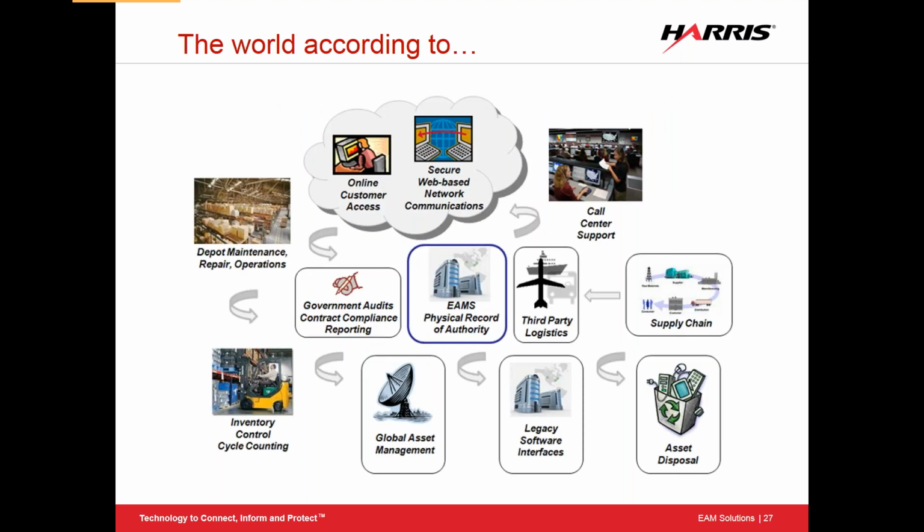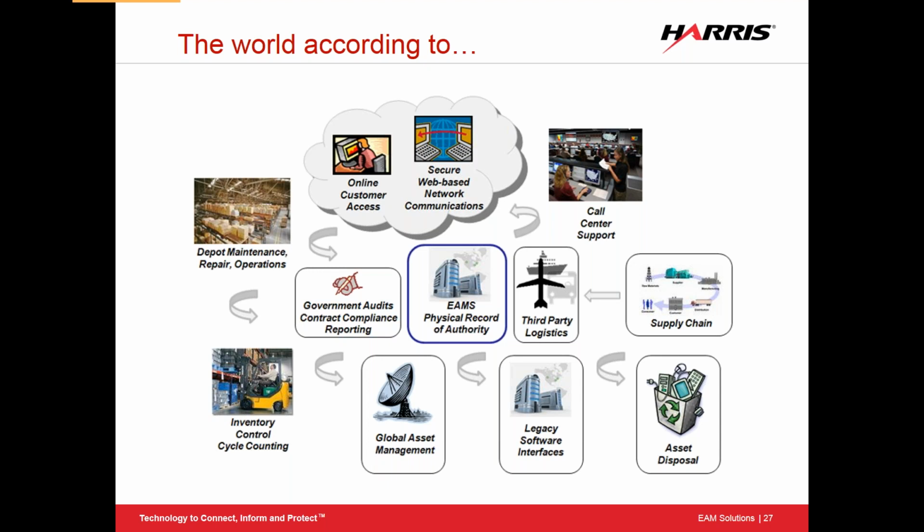This is the world according to. This is an illustration that kind of ties it all together here, regardless of what you're doing. You've got some kind of activity that brings things in. You've got customer connectivity. You've got perhaps audits and compliance reporting. You've got to maintain the stuff that comes in. You've got a global network, perhaps.